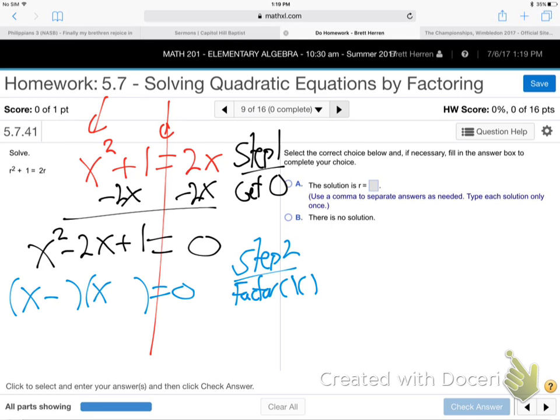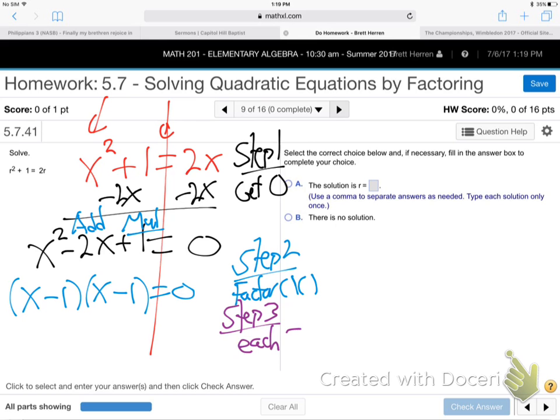X minus 1, x minus 1. Is that okay? Because those, remember, they got to multiply to be plus 1 and add to be minus 2. So minus 1 adds to be minus 2, multiplies to be plus 1. Good with the parentheses? Final step. Step 3.